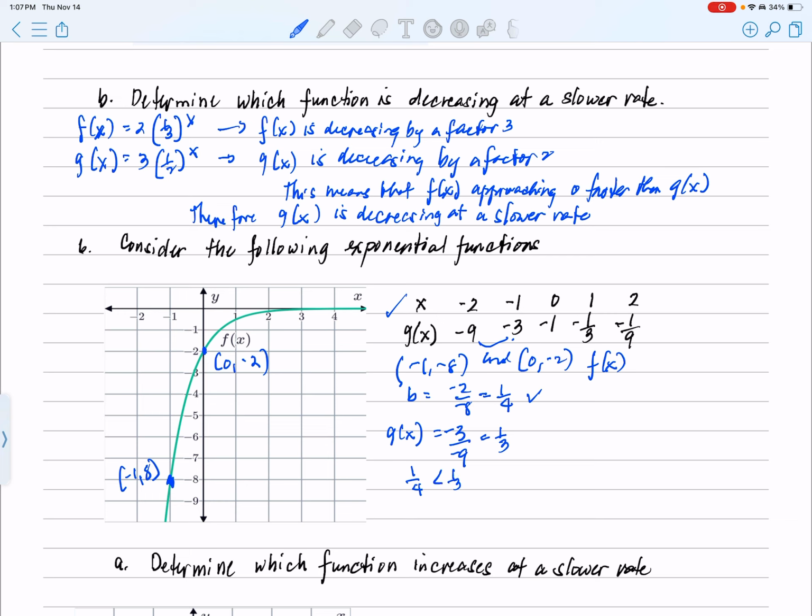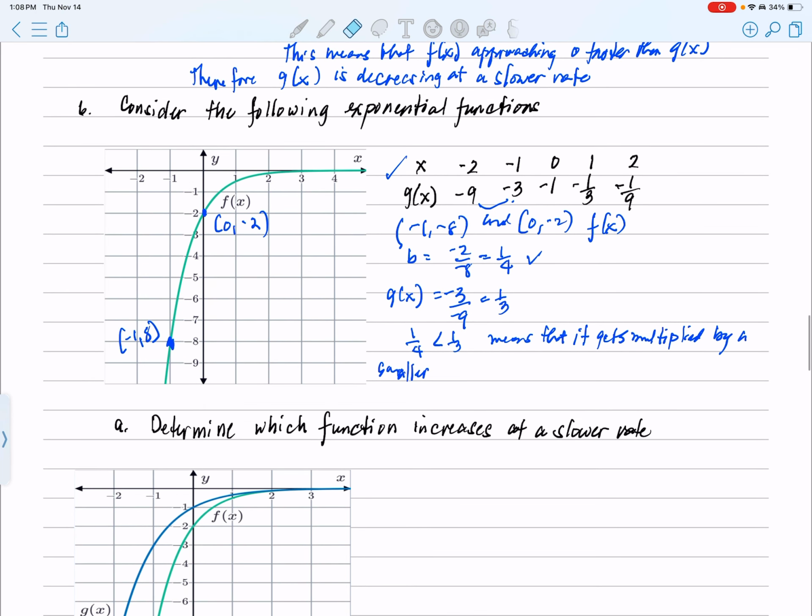This means that it gets multiplied by a smaller factor than g of x.